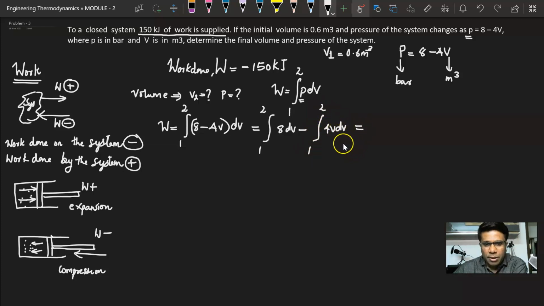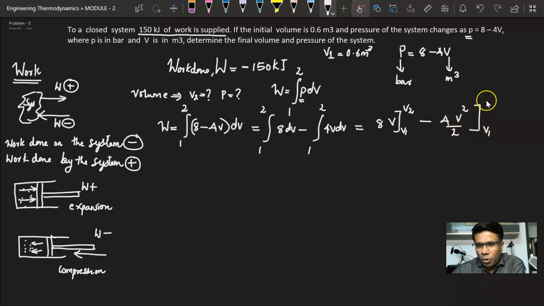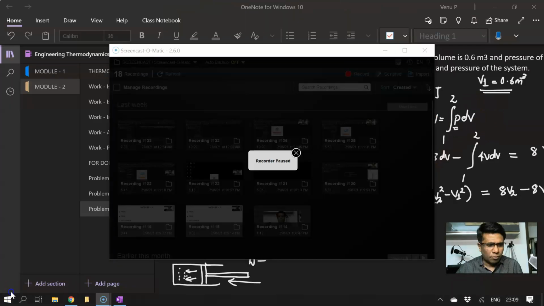Again, that can be written as integral 1 to 2 8 dv becomes 8v in the range from v1 to v2, minus 4 v square by 2, again in the range from v1 to v2.